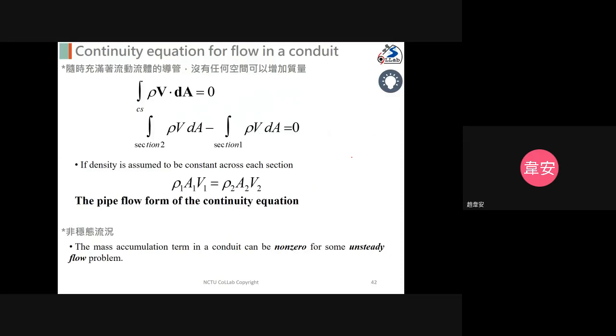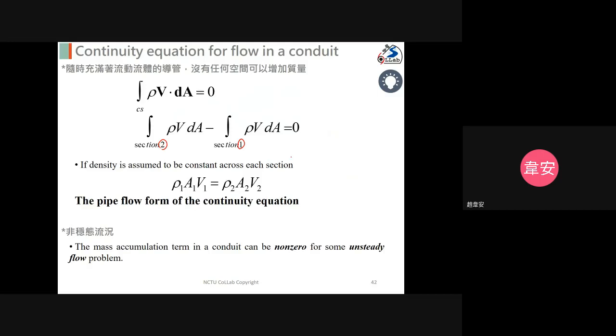So this slide just summarizes what I said in the previous slide. Section 1 is inflow, and section 2 is outflow, and the difference between them is equal to zero.